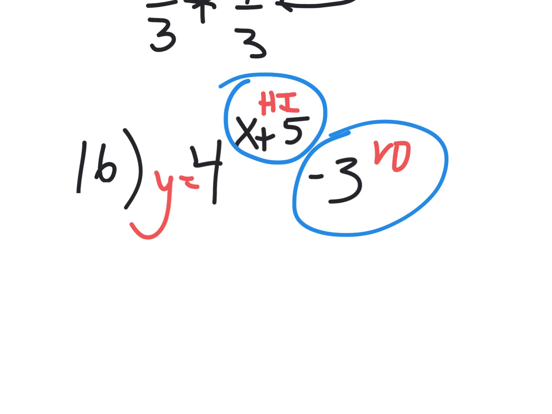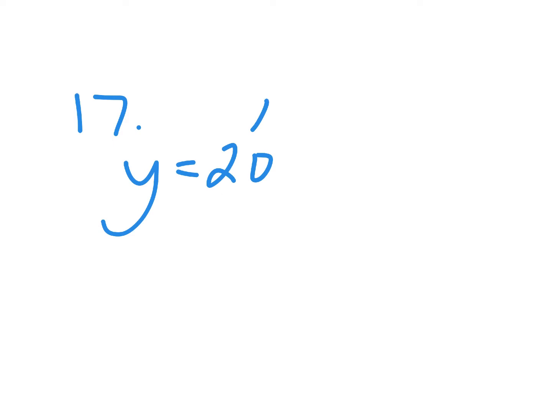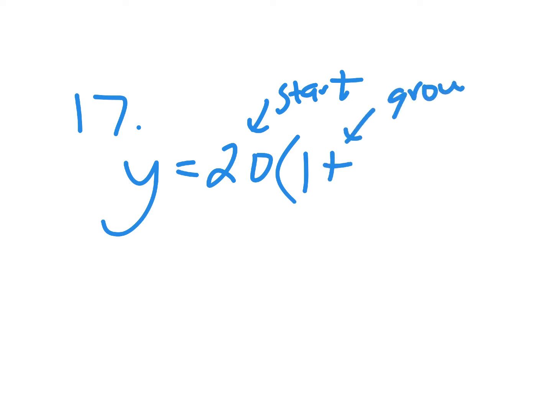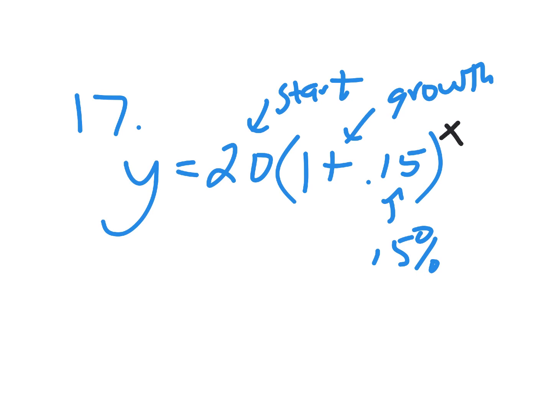Okay, number 17. I'm going to give you one that's not right, but looks a lot like the right answer. If I started with 20 and I grew by 15%, that's what it would look like.